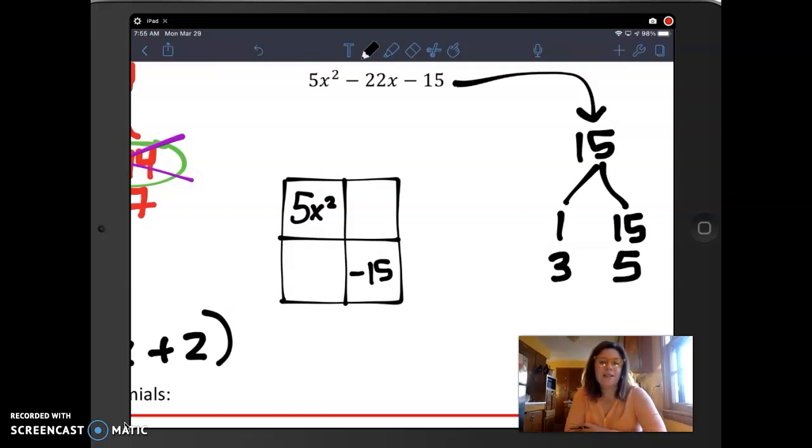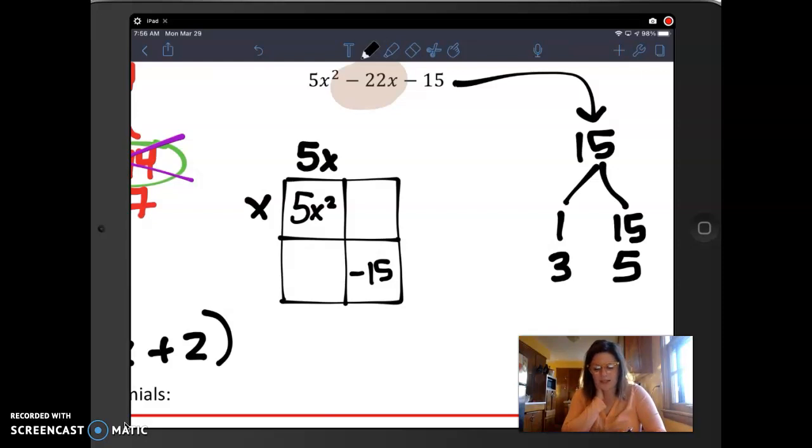All right, and in the middle, you see we have a negative 22x. And even though it is negative, we can't use that rule that if the bigger number is negative necessarily, because we have a 5 in front of our x. So that changes things.